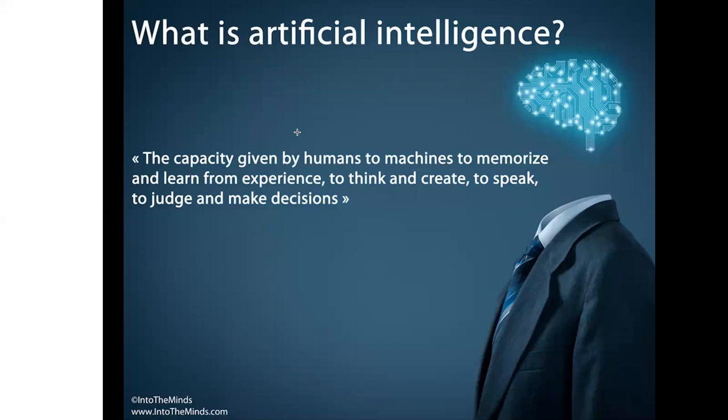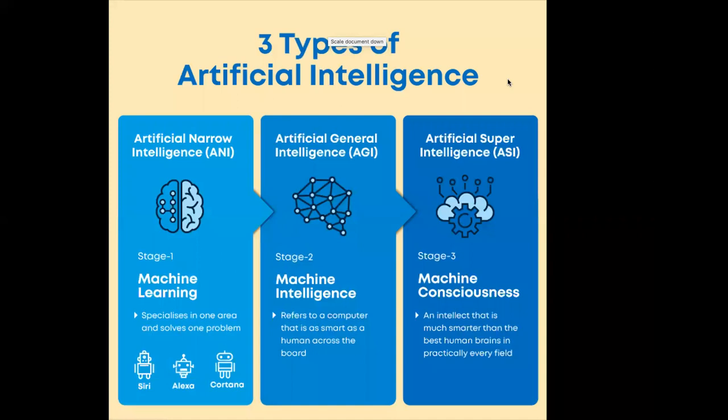Right. We are moving to the types of artificial intelligence. The first type we will take a look at is artificial narrow intelligence. The next one is artificial general intelligence. And the third one is artificial super intelligence.